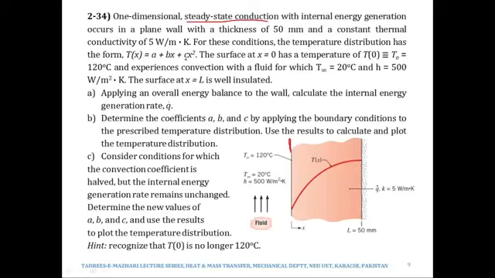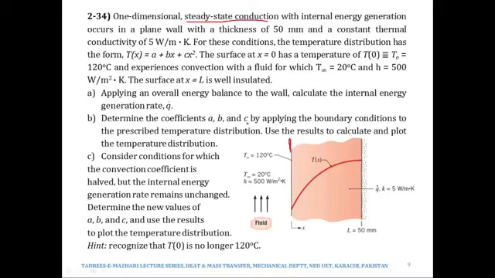If we differentiate it, we will get B plus 2Cx, and if we differentiate it again we will get 2C. We do not know the value of C, so we won't be able to use the heat diffusion equation to find Q dot. That is why we are being asked to find Q dot by applying the overall energy balance to the wall. And then in part B we have to find the coefficients A, B and C.